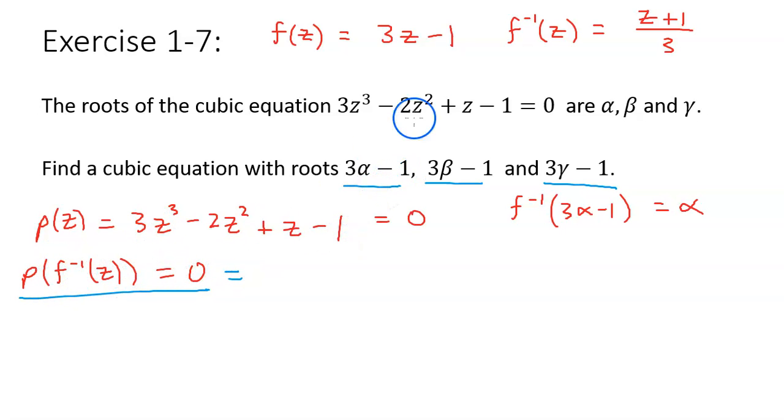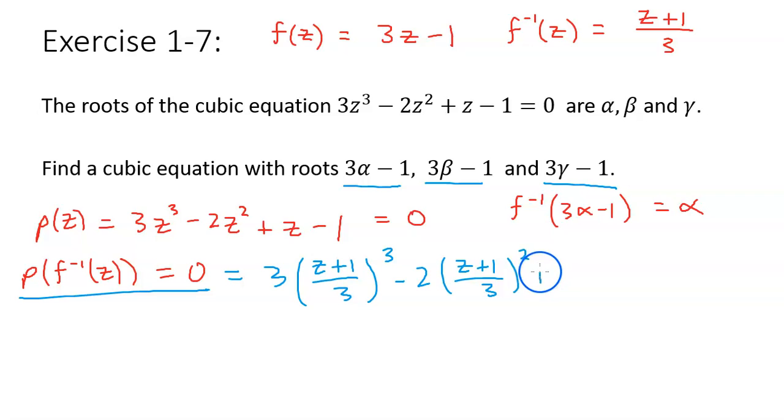So p of f inverse of z is going to be 3 times z plus 1 divided by 3 cubed, minus 2 times z plus 1 divided by 3 squared, plus z plus 1 divided by 3, minus 1, just using function composition there. From here, all that's left to do is expand this out and observe that we get another polynomial of degree 3.